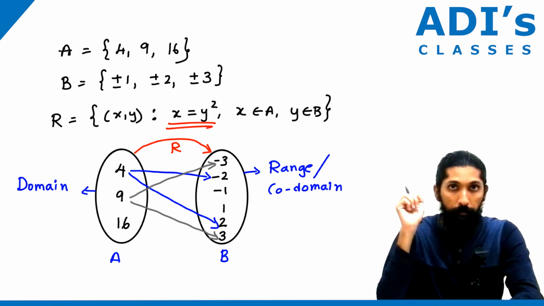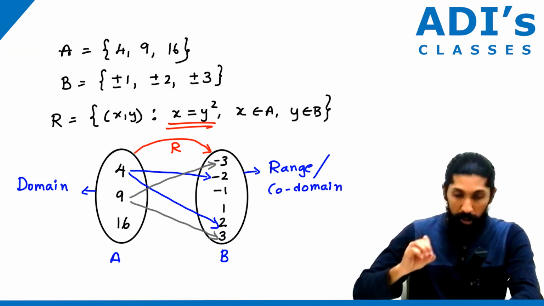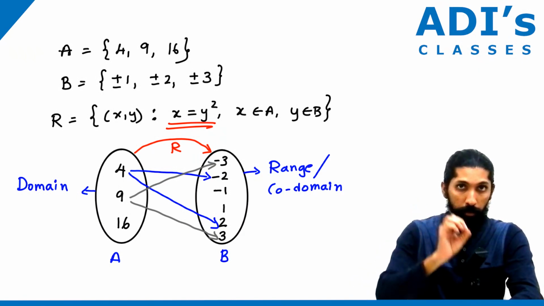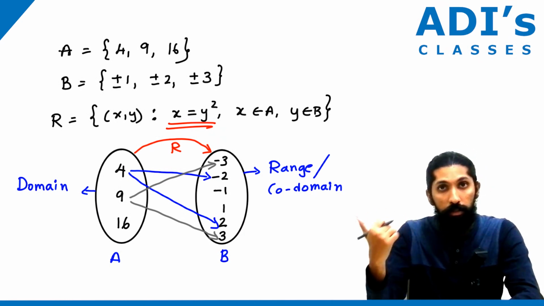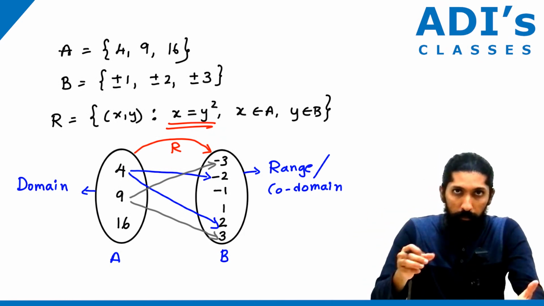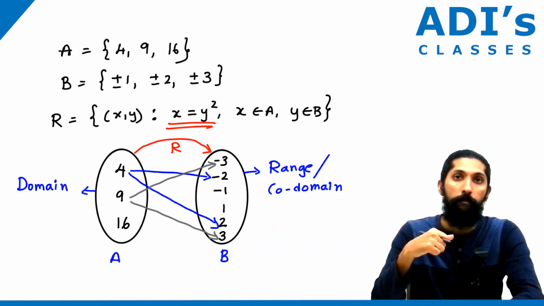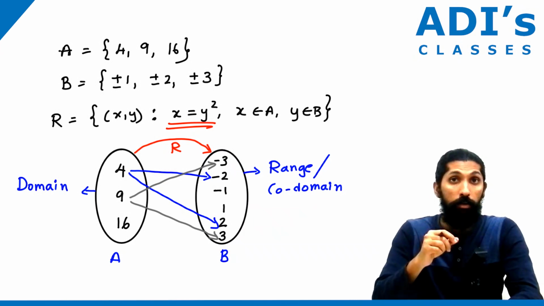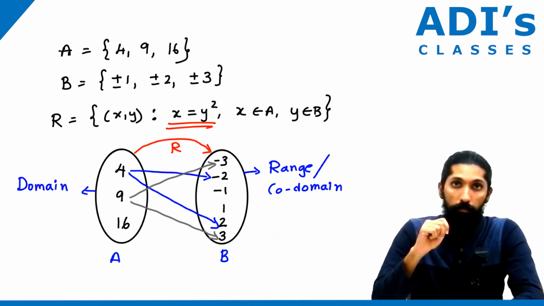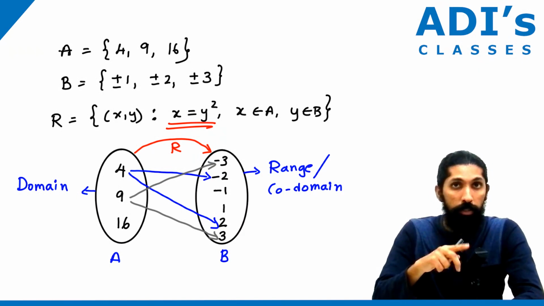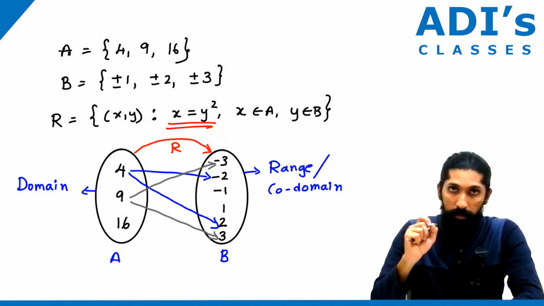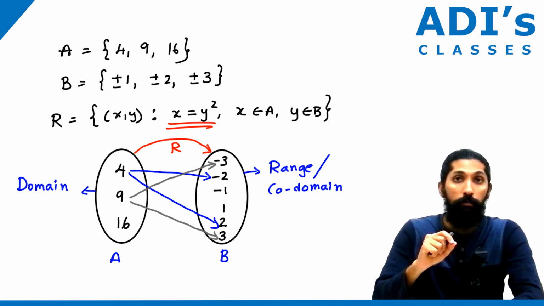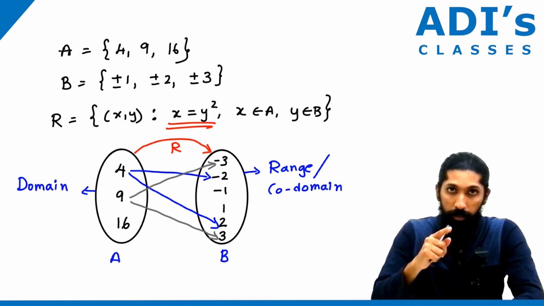Very important. Now, for each particular element in the domain, you have some particular element in the range, correct? I mean, not everything, but selected ones. That means here, for number 4, there are 2 elements corresponding to it in the codomain set, isn't it? So for 4, we have minus 2 as well as 2, correct?